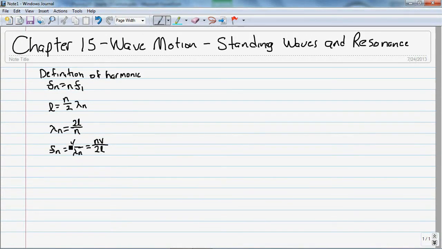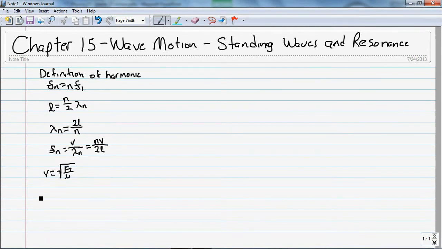Now remember that no matter what the harmonic frequency, the velocity is going to remain the same, because the velocity is not related to the frequencies. It's related to the tension and the mass per length of the string. So our velocity is equal to the square root of the force of tension divided by mu.